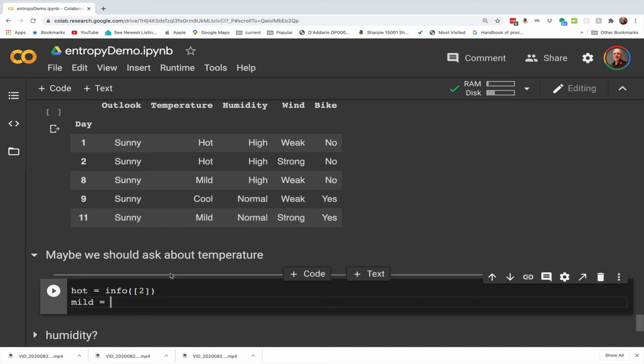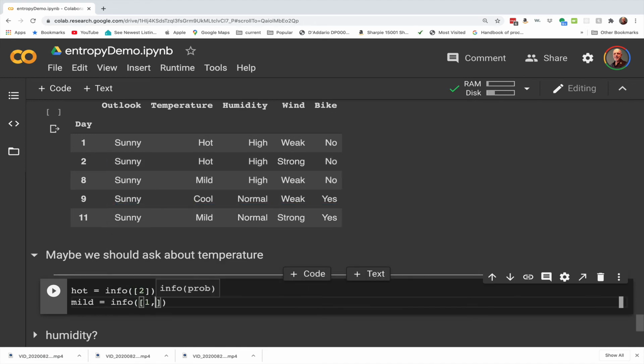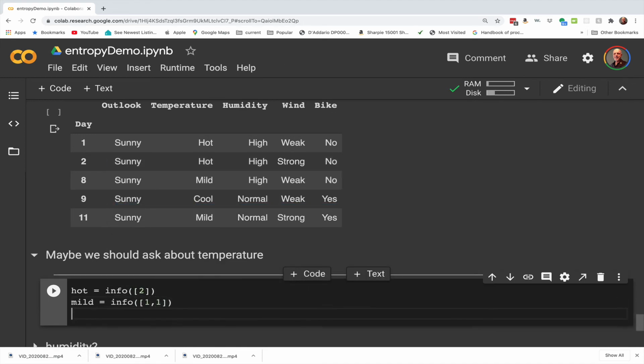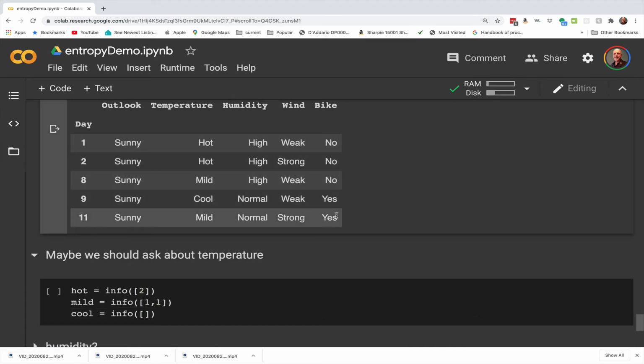I got that kind of reversed, but it's the same. And then finally cool. There was only 1, I think, right? 1, and they biked. Doesn't matter, I guess.